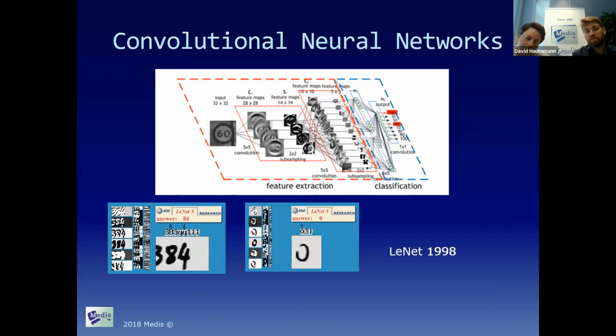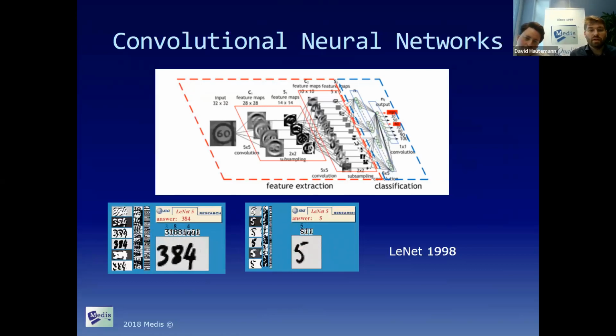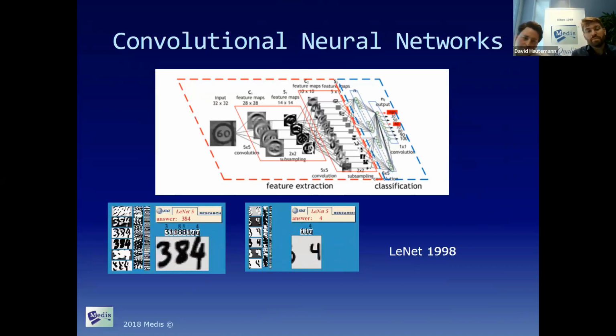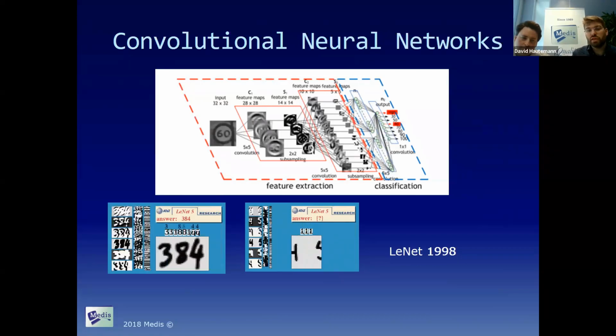But again, not something that is super new. In 1998 already, a very good performance was reached on classifying handwritten numbers with these convolutional networks, although at that time the computation power was not sufficient to really make this work efficiently in practice.